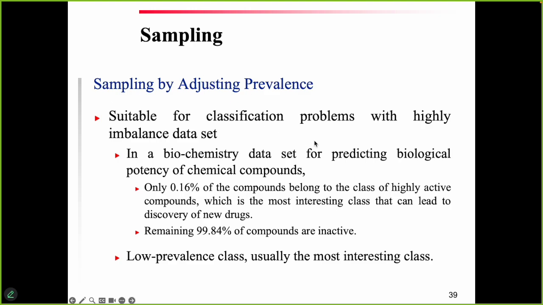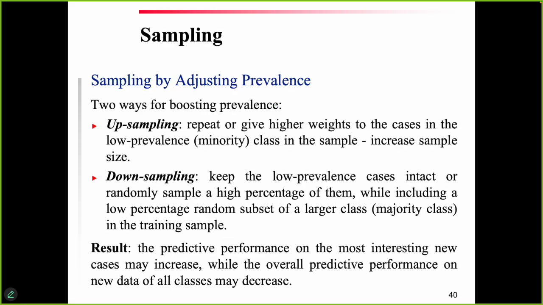And that's why we do sampling by adjusting prevalence, which basically says, okay, if I have this imbalanced data set, with, for example, 0.1% of the compounds belonging to the class of highly active compounds and 99 point something percent inactive, I have two options. I can either use upsampling. That means you're trying to increase your minority class.